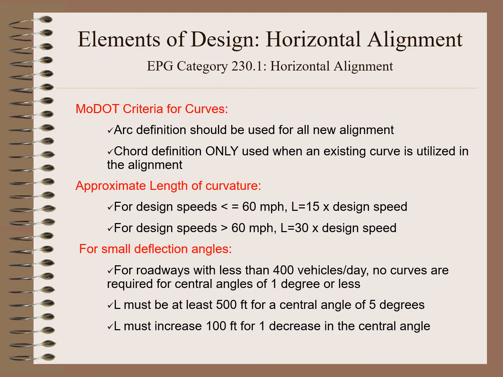For small deflection angles for roadways with less than 400 vehicles per day, no curves are required for central angles of 1 degree or less. In this case, you can say that the curve can have a little kink. L must be at least 500 feet for a central angle of 5 degrees.